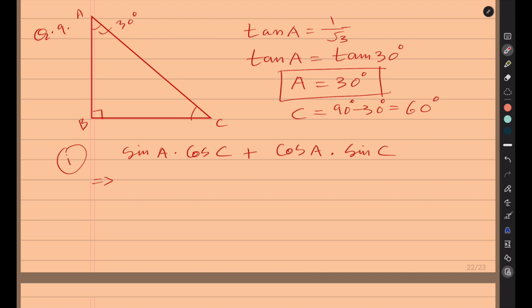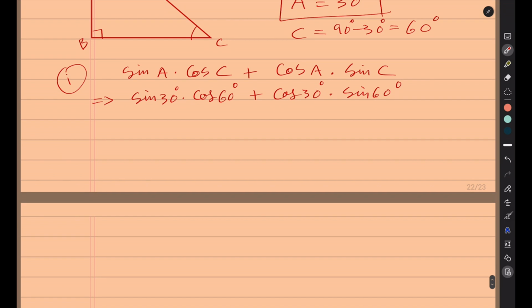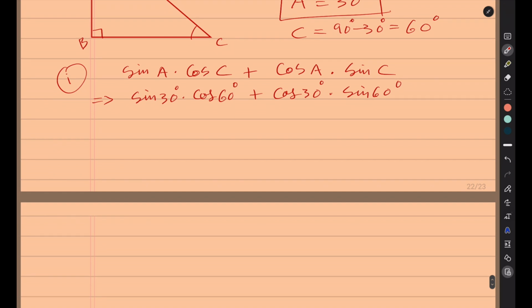So here we can simply put the value of sine and various things. So let us just first write down sine 60 multiplied by cos 60 plus cos 30 degree multiplied by sine 60 degree. And then there are two ways of solving this problem. You can put individual values also, and then you can get the value, but there is another method also.